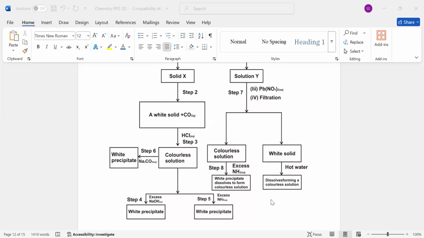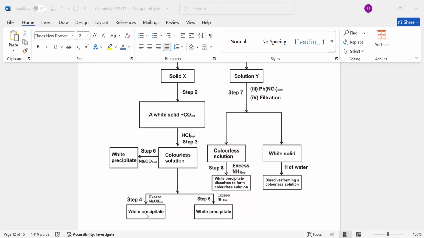What about aluminium? Aluminium. Yes. Okay, where we are eliminating aluminium is in step 4. In step 4, anytime we add excess sodium hydroxide, we will find a white precipitate which dissolves in excess. If it dissolves in excess, it's either zinc, aluminium, or lead.